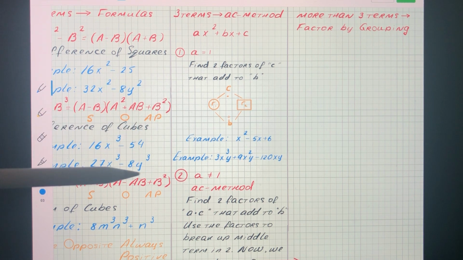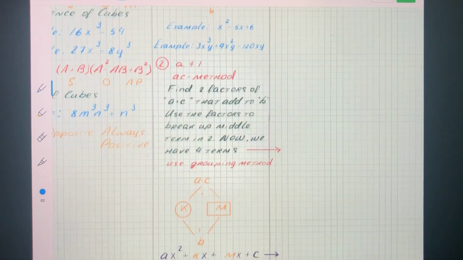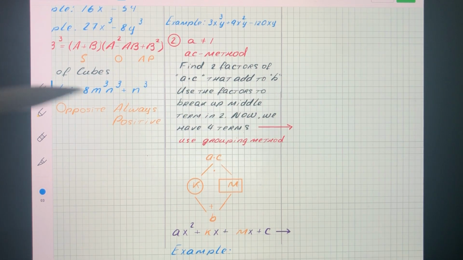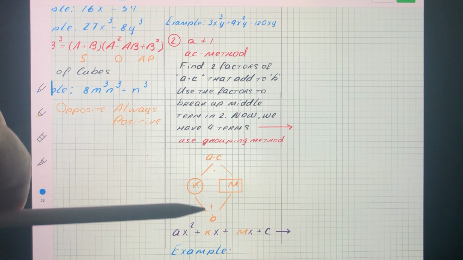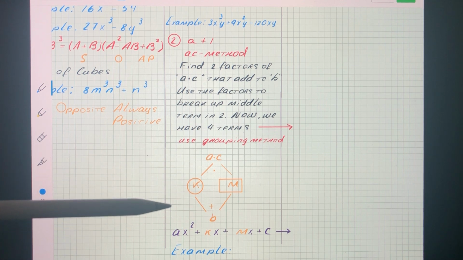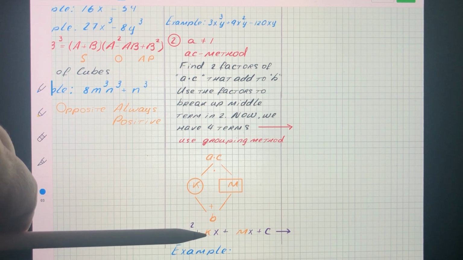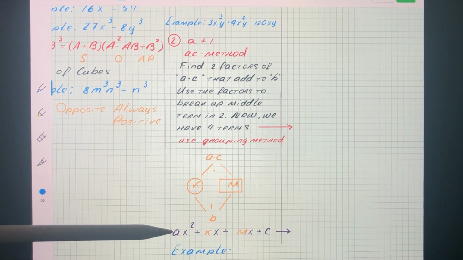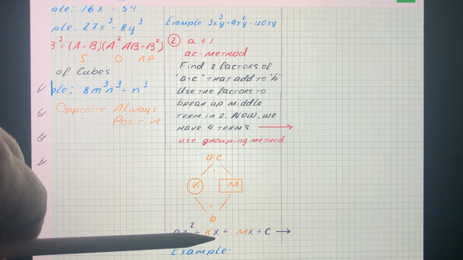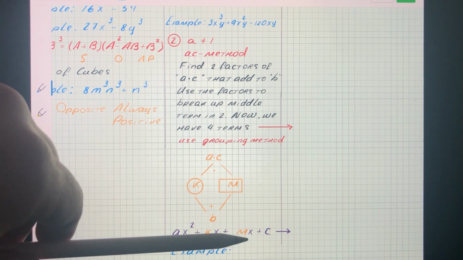And then we also will look at breaking up that number into factors so that the 2 factors will multiply to AC and will add to the B. But instead of being the roots, we use those numbers to break up the middle into 2 parts. So instead of having 3 terms that we started with, we now have 4 terms.